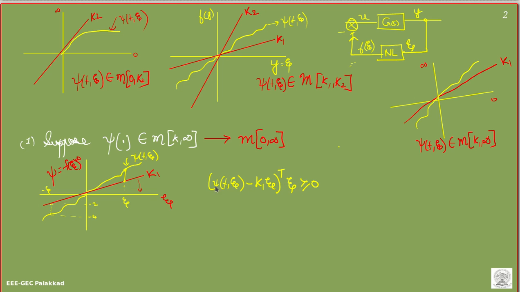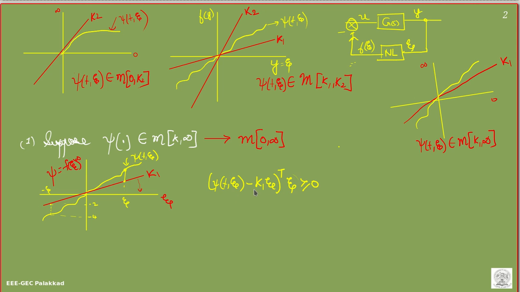That means if I have a nonlinearity of this form, with an input of zeta and an output of xi of t comma zeta minus k1 zeta, then this function is always positive, and therefore this system is a passive system.